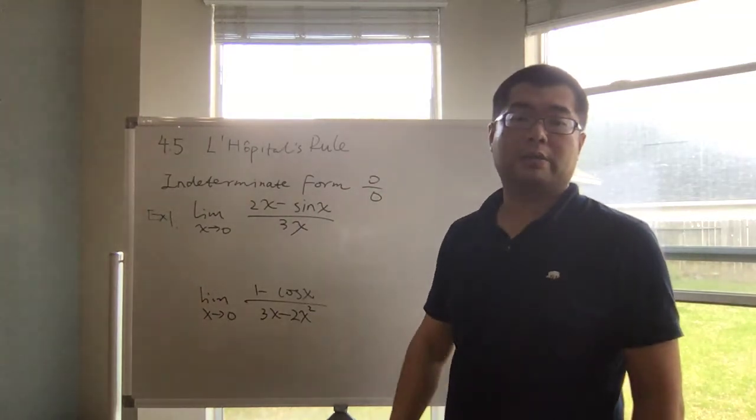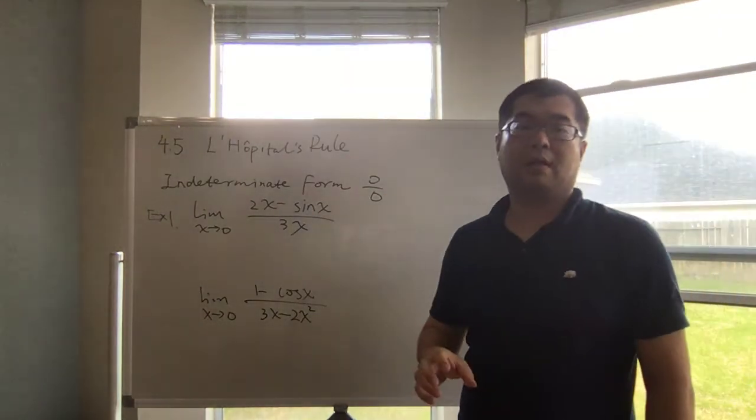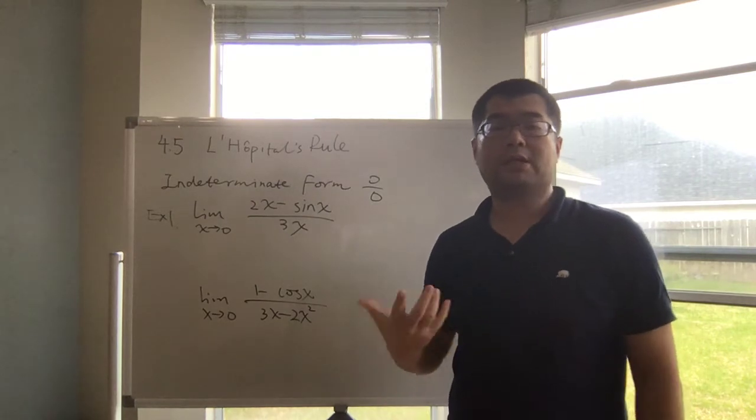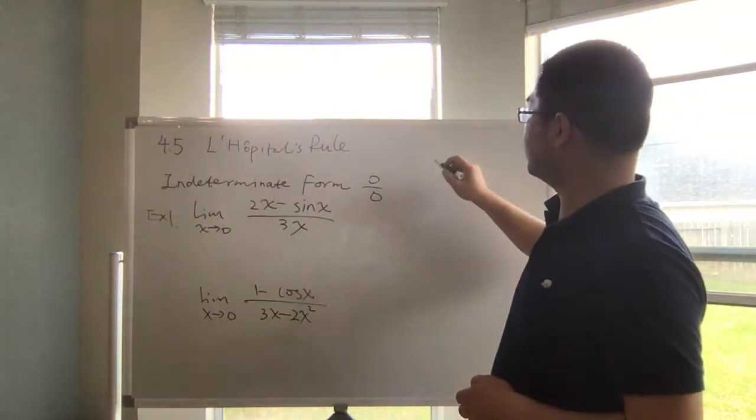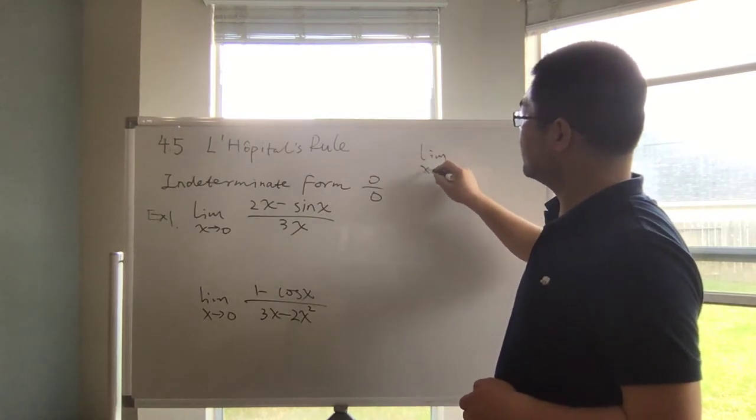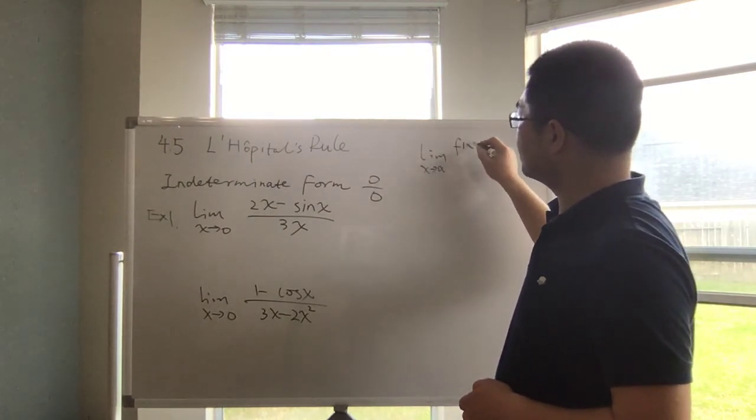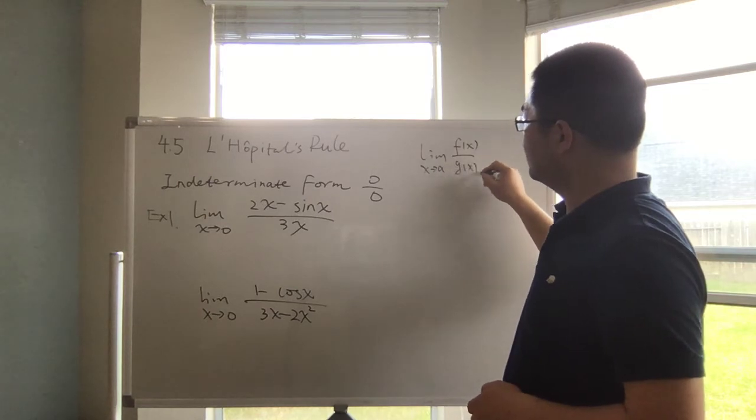Under this situation, the L'Hopital rule says the following. Let me write it in. The limit as x approaches a of f(x) over g(x).